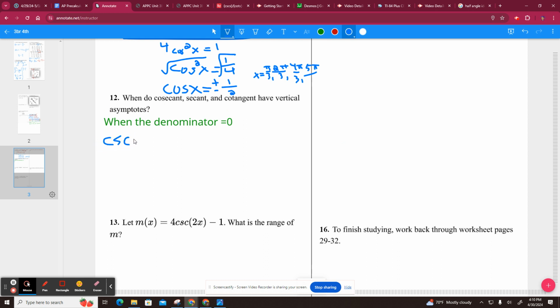Because cosecant is the same as 1 over sine, I have a vertical asymptote when sine x equals 0, and for secant, that's 1 over cosine.